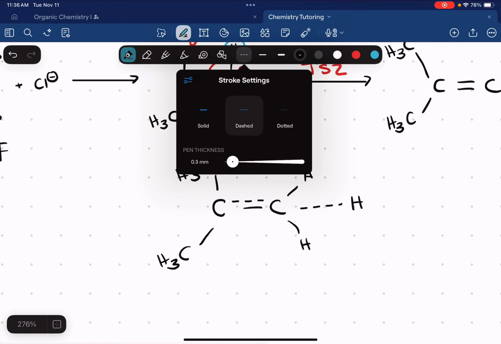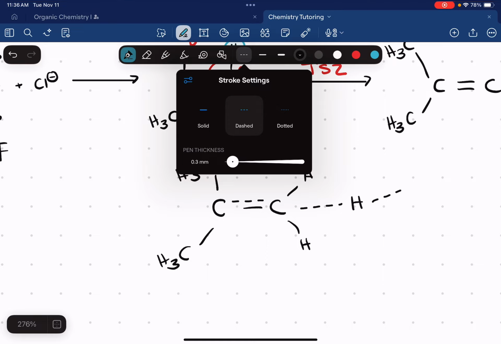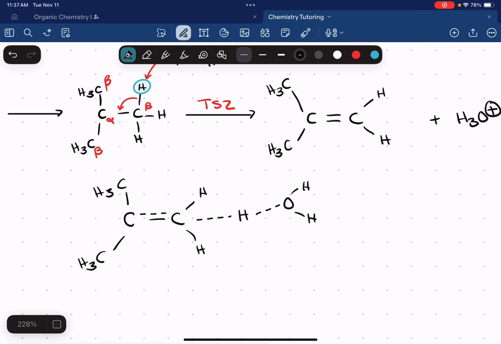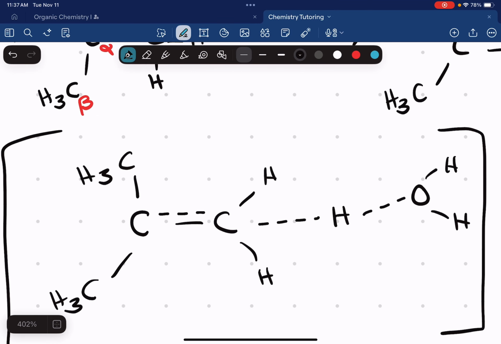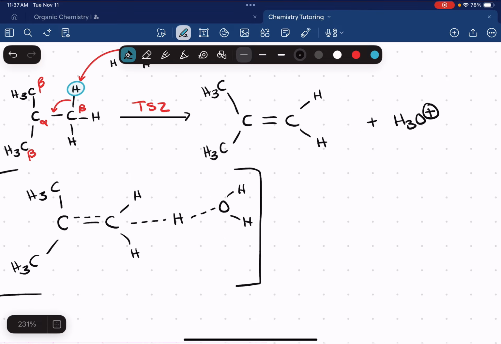And then this hydrogen eventually gets bonded to an oxygen from the water, right? So this is a really long transition state. This carbon, no, just the oxygen, yeah.